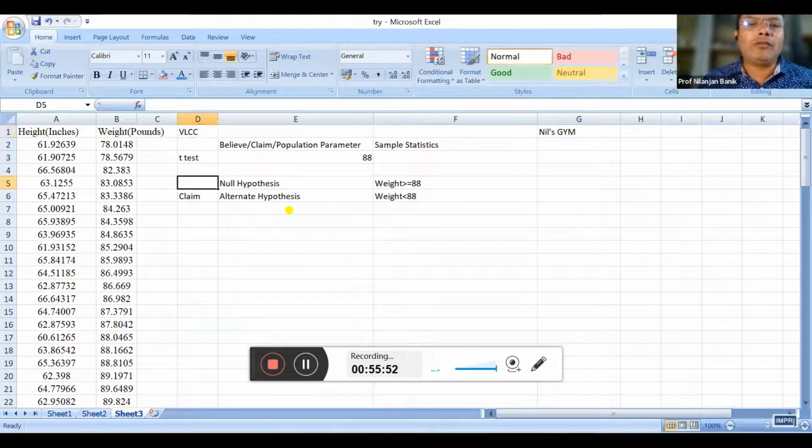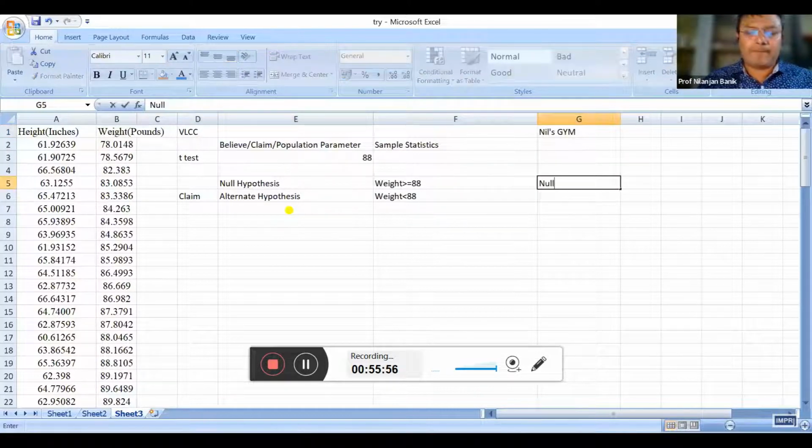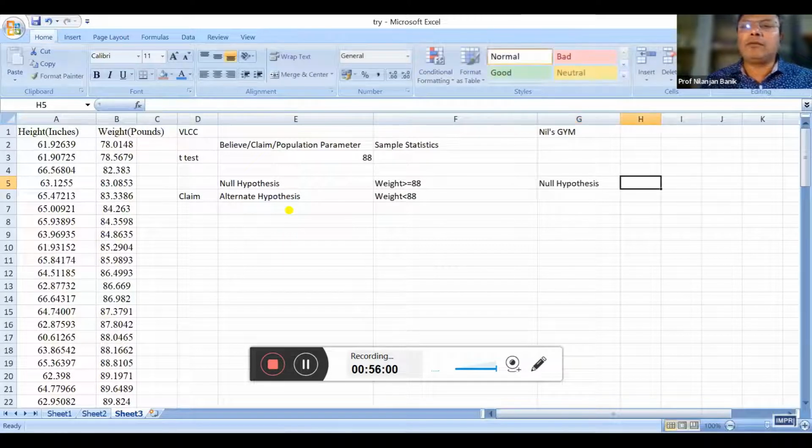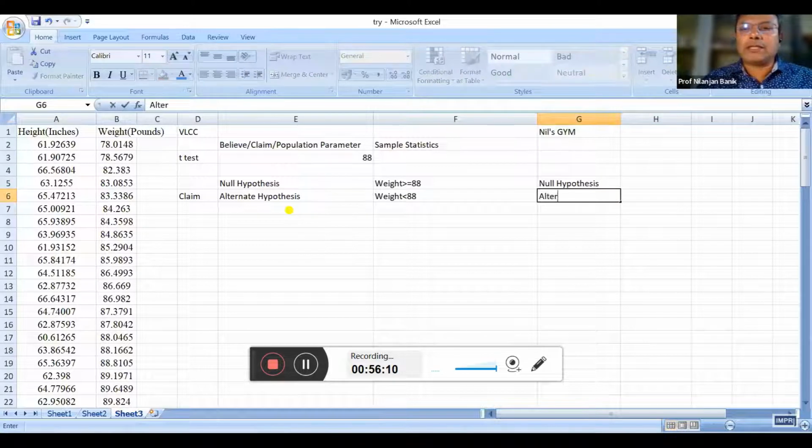Okay. So then what is my null? In my case, the null hypothesis is, can someone say what would be the null? Here I'm claiming that whatever VLCC is saying is false. So basically as I said, I will have to go with my alternate.